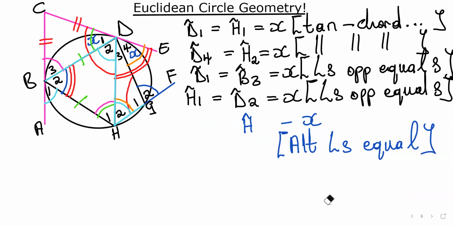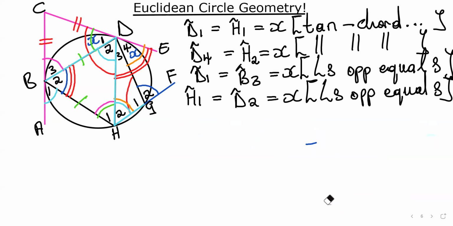And how can we do that? Well, this is how we can do it. If we go to this turquoise triangle, what is happening in this case? Easy.